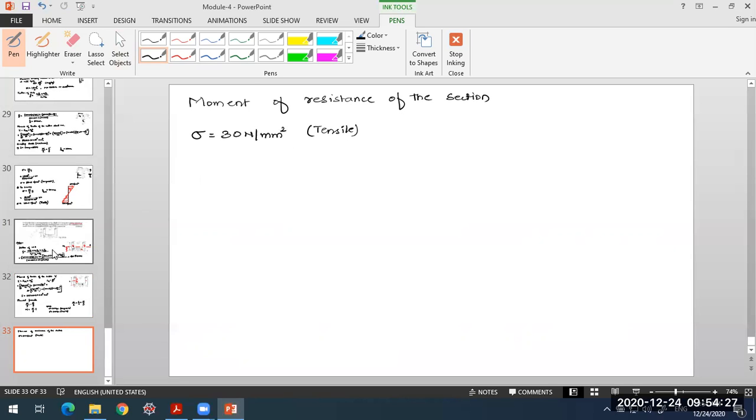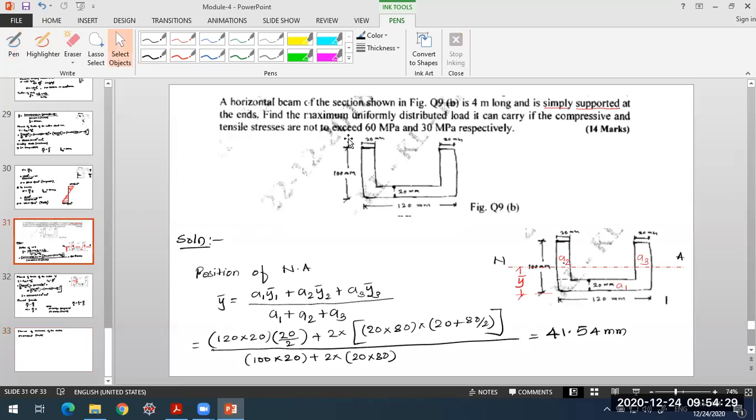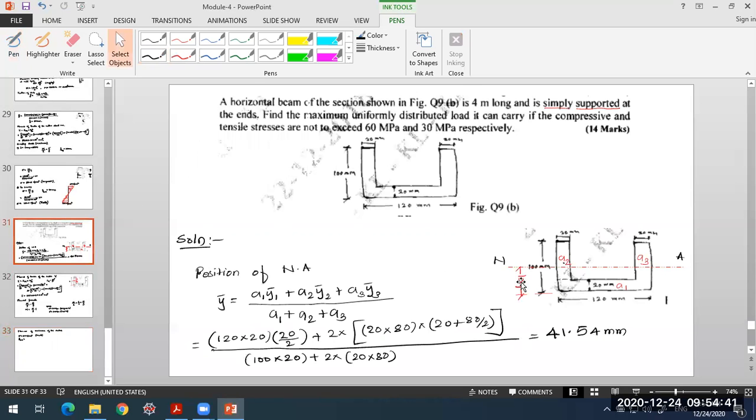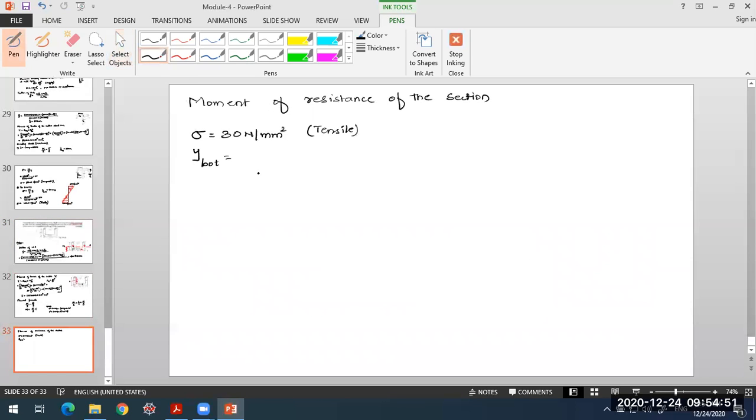The permissible stress under tension is 30 Newton per mm square. And these tensile stresses are at the bottom. So y bottom. What is y bottom? It is nothing but our y bar itself. The distance of the extreme bottom fiber measured from the neutral axis will be equal to this y bar, 41.54. So here y bottom will be 41.54 mm.